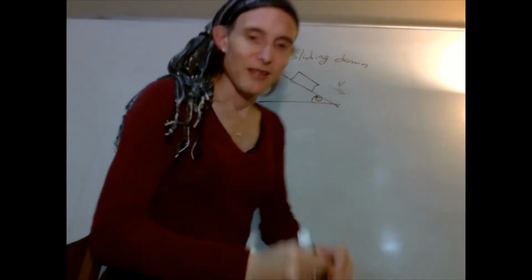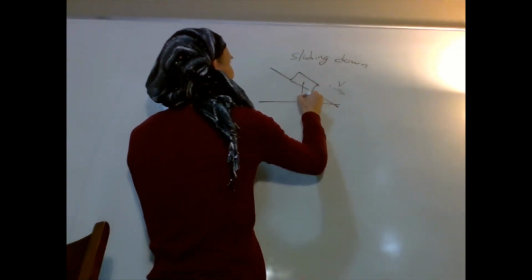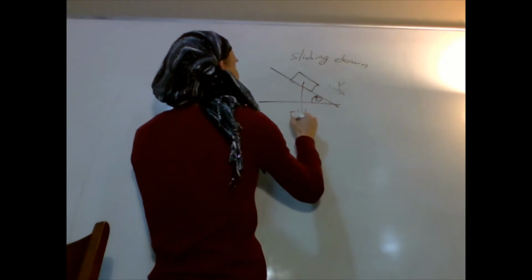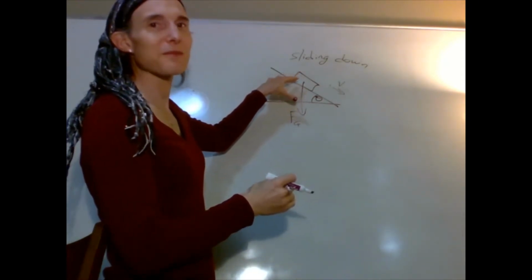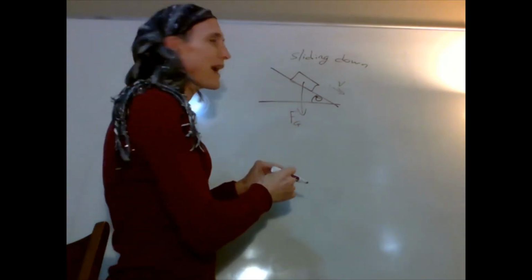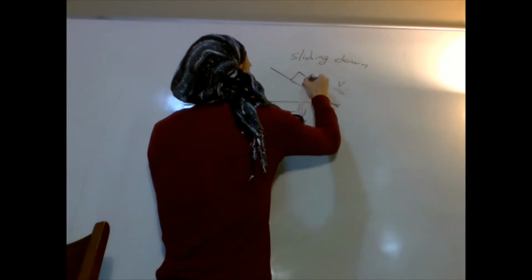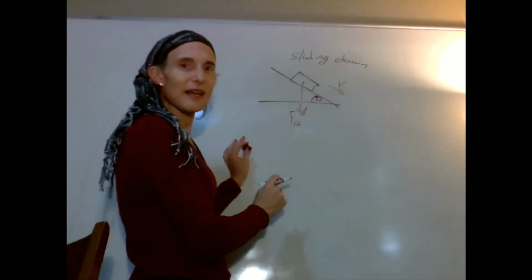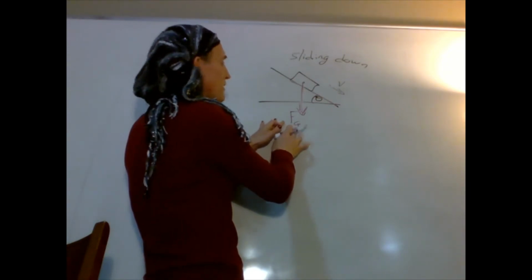So we have, you know that gravity is pulling downward. I like to draw my forces all acting on the center of mass of the object. I think for me it makes it clearer. So gravity acting downwards, label all your forces so that you know what they mean.